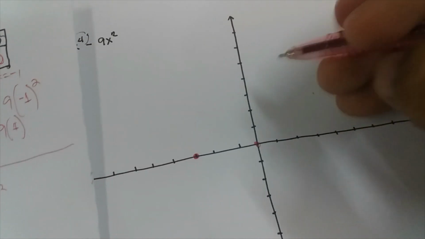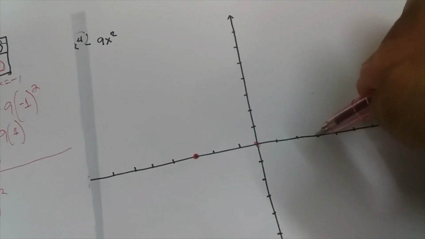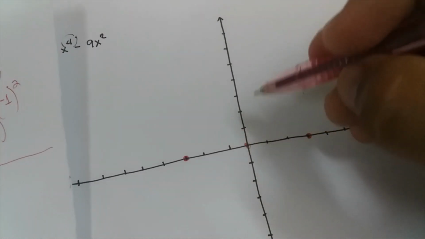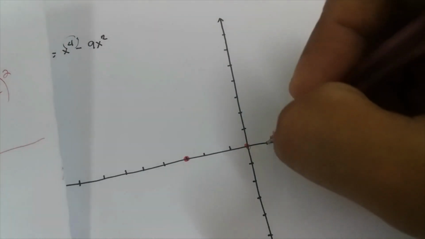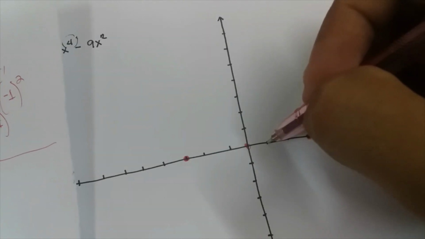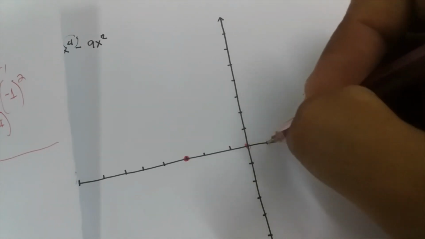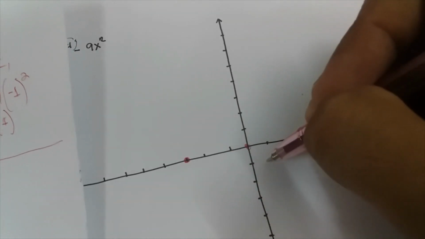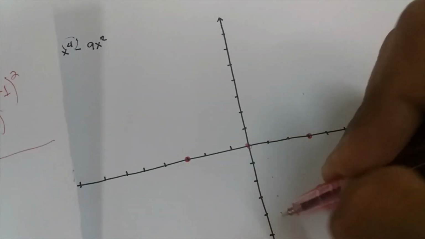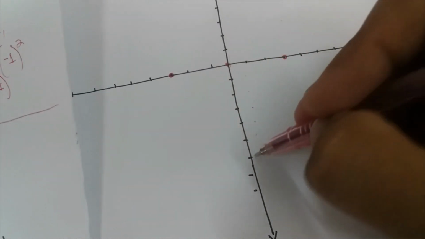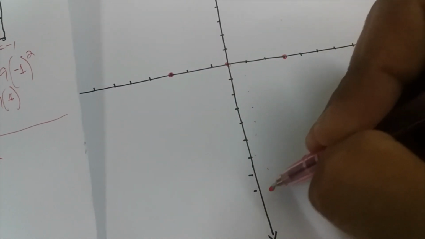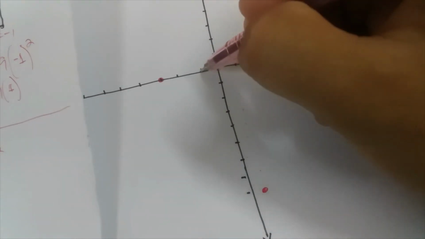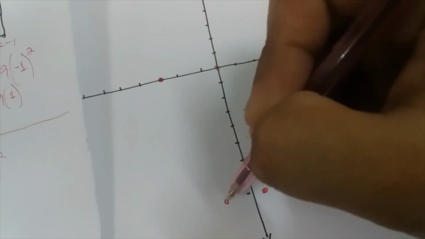Next, when x is positive 3, 1, 2, 3, your y is 0. Next, when x is positive 1, your y is negative 8. So from here, your x is 1, then negative 1, negative 2, negative 3, negative 4, negative 5, negative 6, negative 7, negative 8. So the point is here.